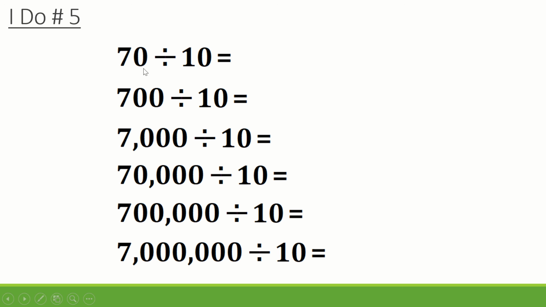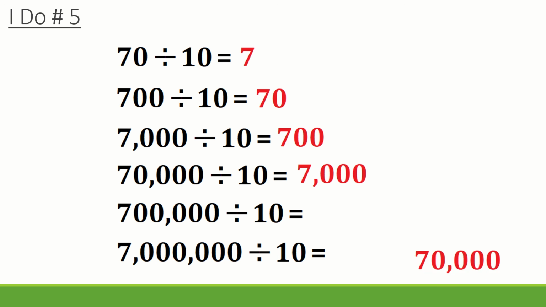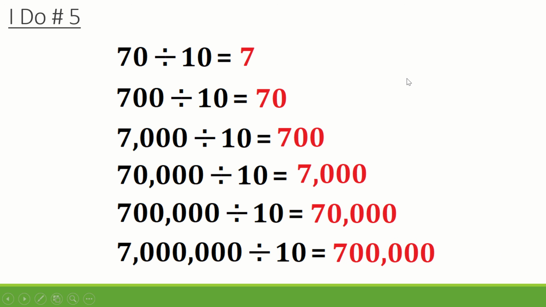So if I were to say 70 divided by 10, I get 7. 700 divided by 10, I get 70. 7,000 divided by 10 is 700. 70,000 divided by 10, I get 7,000. 700,000 divided by 10, 70,000. 7 million divided by 10 is 700,000.